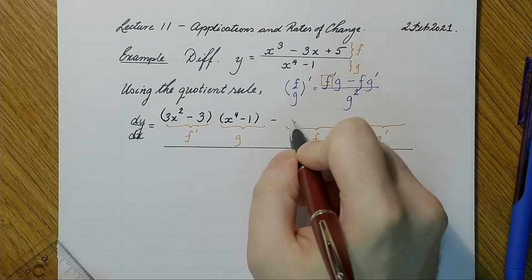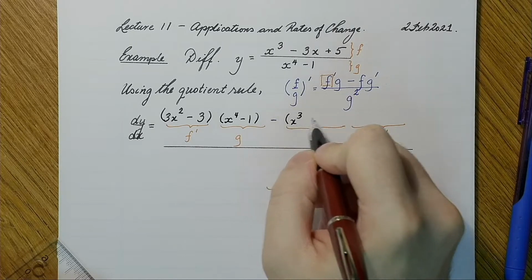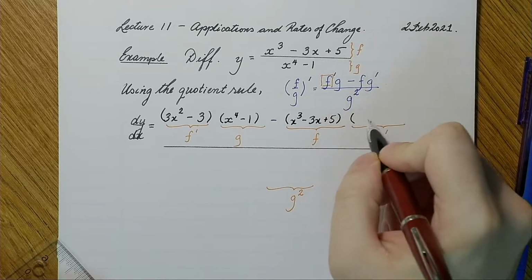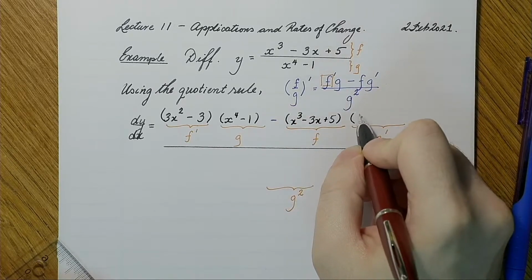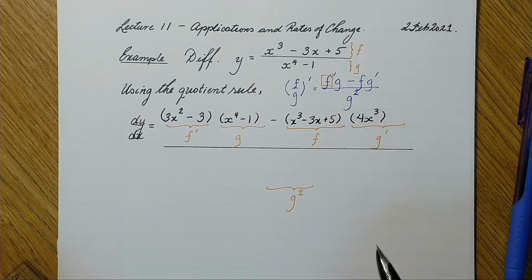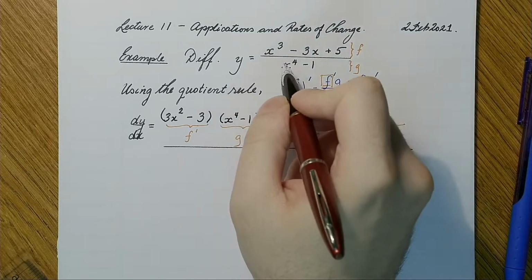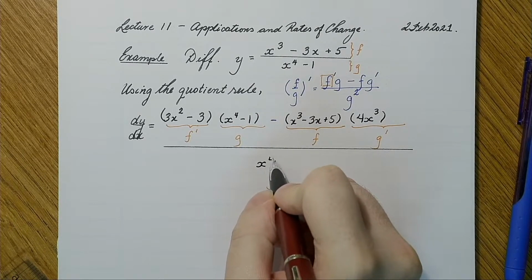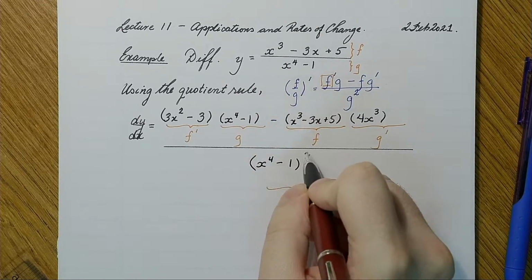We have f, which is x cubed minus 3x plus 5. And I have to take the derivative of the bottom, so that's 4x cubed, and that's it. Then completing that, we just need to write the g function, so that's (x to the fourth minus 1) all squared.